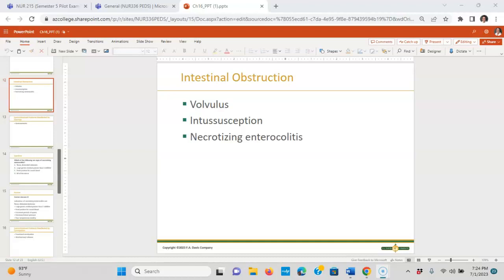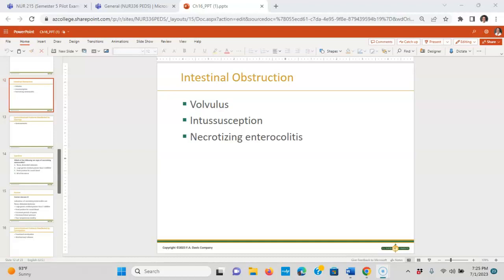Volvulus. So volvulus happens when there's abnormal twisting of a portion of the GI tract. It's usually the intestine, but think about it. If we twist a piece of intestine and it's not getting blood, it's going to be gangrene and die, and then perforate, and peritonitis is going to happen.